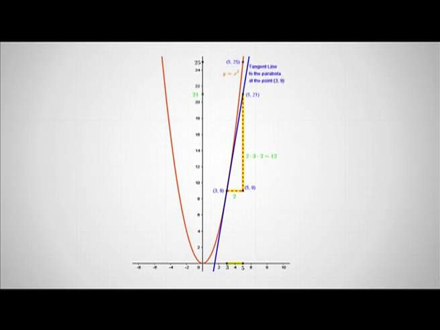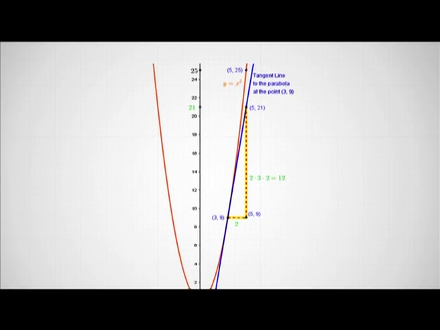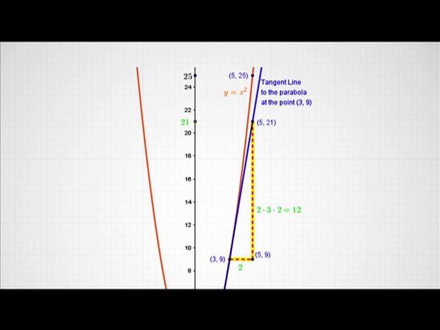That is, y changes from 9 to 9 + dy = 9 + 12 = 21. That is, along the tangent from the point (3, 9), we reach the point (5, 21). At the same time, a change of 2 units along the x axis changes the point (3, 9) to the point (5, 5²) = (5, 25) along the parabola.